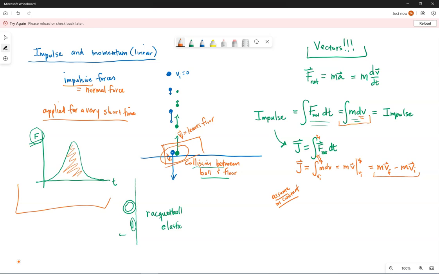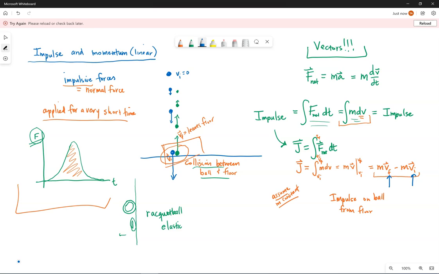So ultimately, when we're talking about impulse, if we're saying the impulse on the ball from the floor, we could calculate that if we knew the mass of the ball, the velocity of the ball upwards right as it's leaving the floor, and the velocity of the ball downwards at that split second before hitting the floor. That would be one way to calculate it.